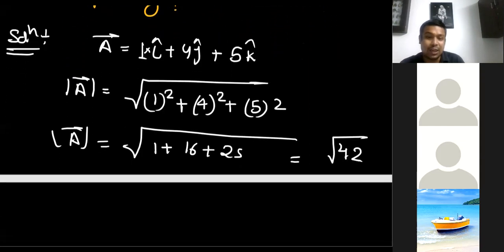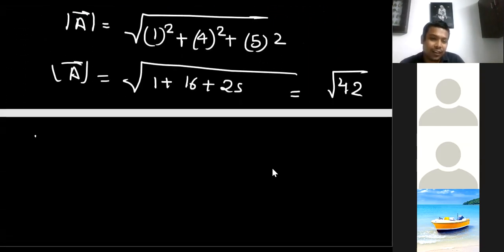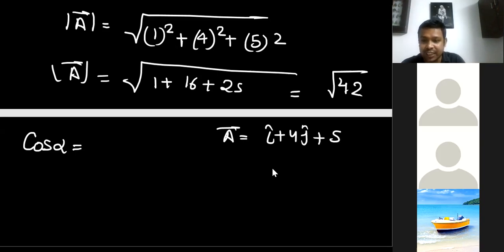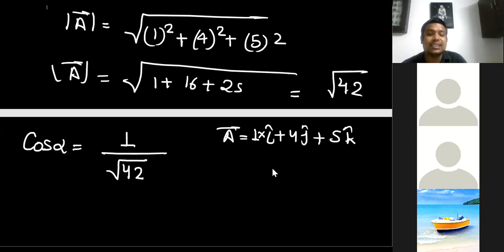which is equal to root 42. Now we know very well that cos alpha is for the angle made by the vector from the x-axis. So what is cos alpha? It is the coefficient of i cap, which is 1, upon the magnitude of vector A, which is the square root of 42.